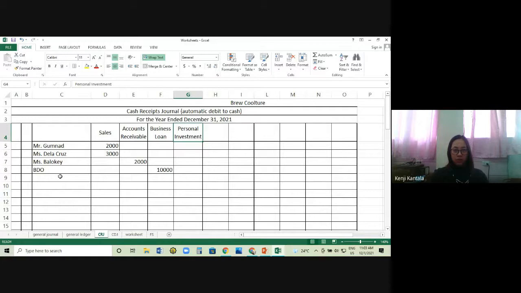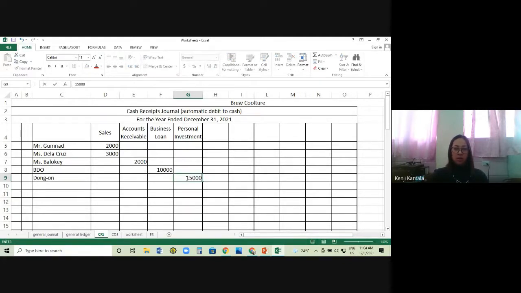So with our personal investment, sino na yung nag-start ng Blue Culture? Sabihin na lang natin si Miss doon. Okay, so we have personal investment, 10,000 as well.